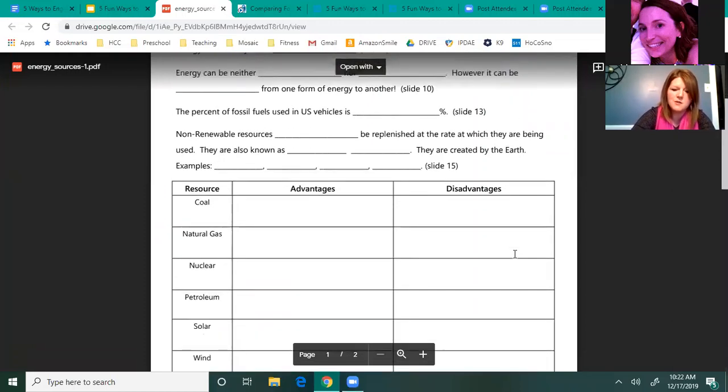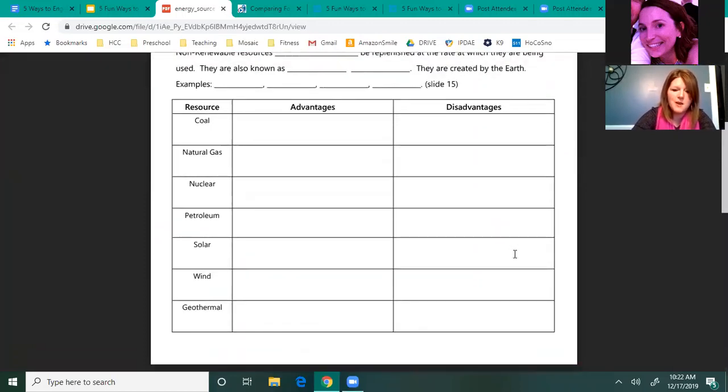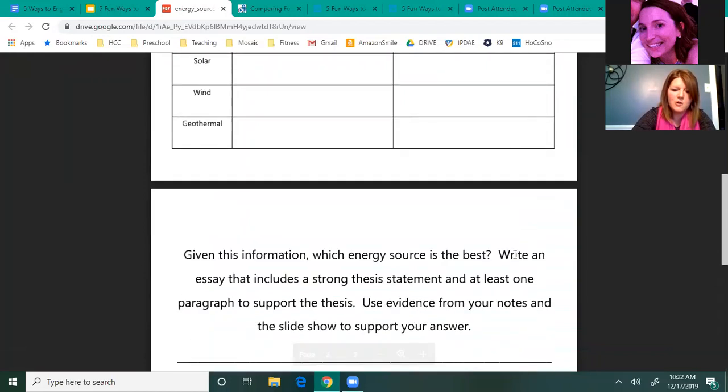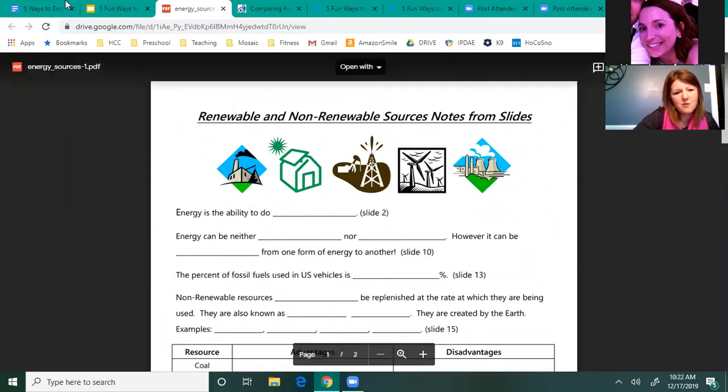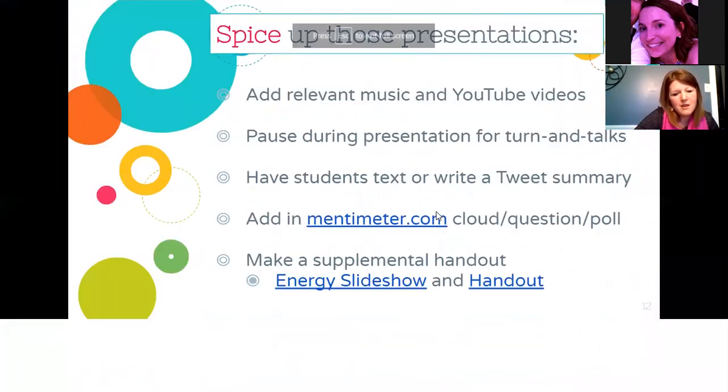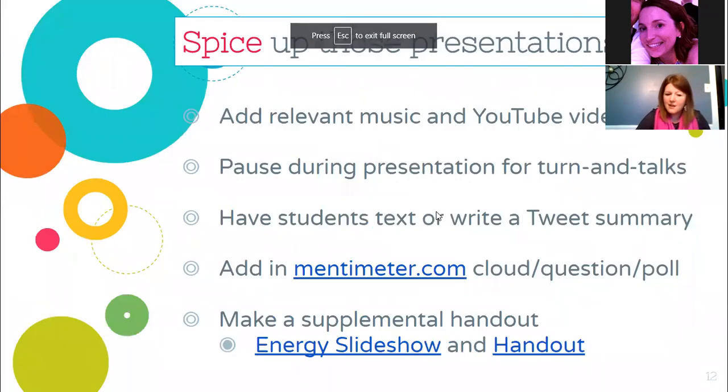Then they had to take it up a notch by comparing some of the types of energy, and at the end, they separated from their partner to write a little essay choosing which one they felt was the most important. So if you are doing something like that, just make sure that you're coming up with a way for students to be fully engaged in the process. What we're doing right now, where I'm presenting and mostly talking, I would not do in my classroom, but I think it works well for what we're doing right now.